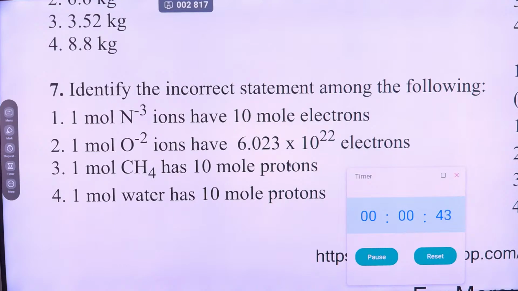Incorrect statement. Tell me. Okay, 25 seconds.